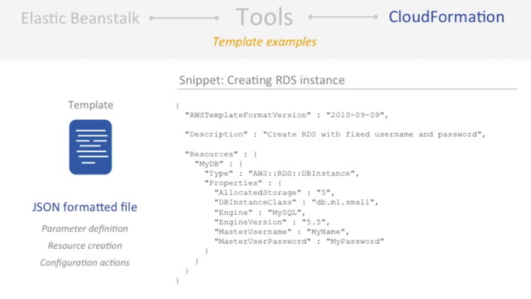So I've got a 5 gig allocated storage RDS instance. I want it to be on a small instance type. The engine I want to run is MySQL 5.5, and in this case I've hard-coded username and password, but these would typically be asked for from a parameter in the wizard or extracted from some file or so on. So that resource definition will create an RDS instance.